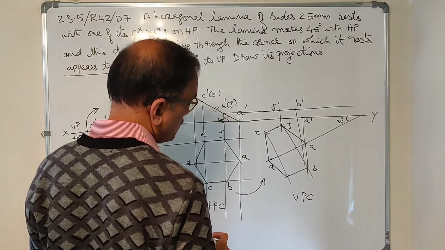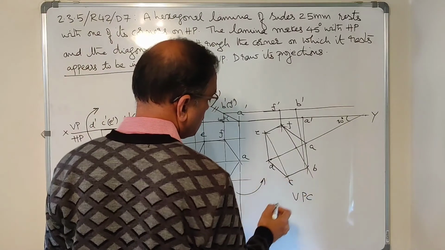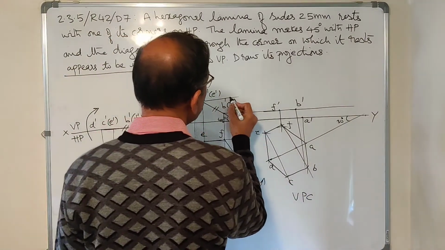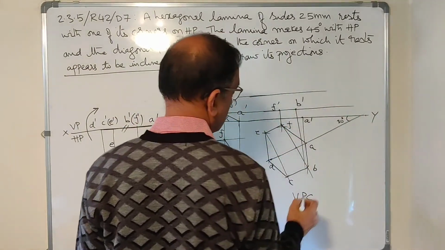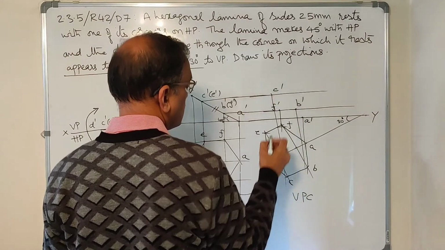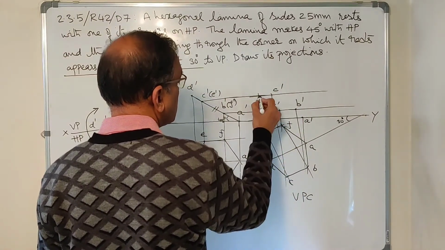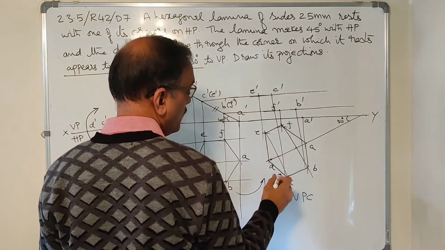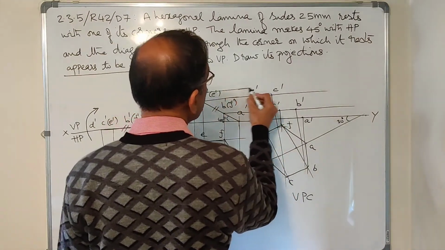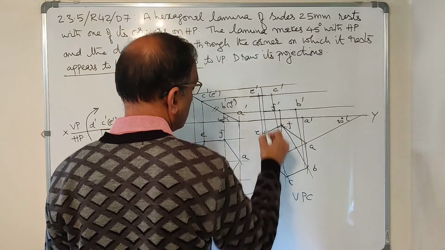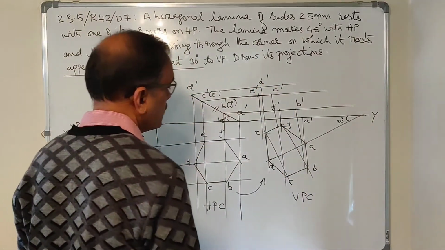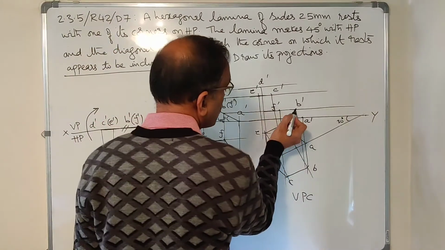Okay. Then C and E. And finally D. Connect them, it comes to be quite narrow.